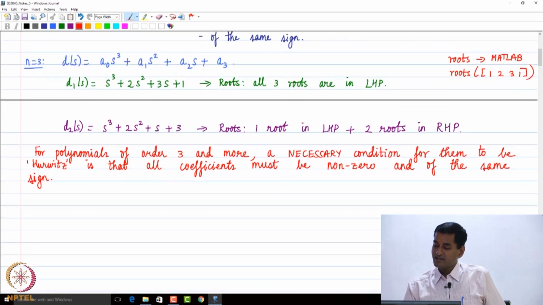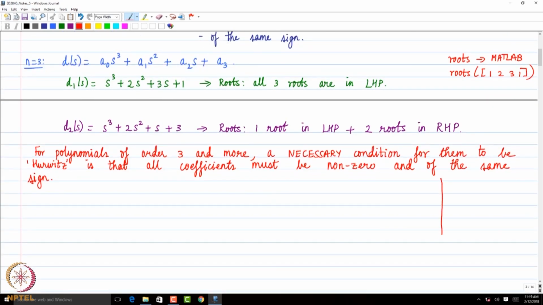Suppose I am just considering a simple example where I have D3(s) to be s cube plus 2s squared plus 3s, okay? What did I do? I took D1(s) and made the constant term 0. So does it satisfy the necessary condition?